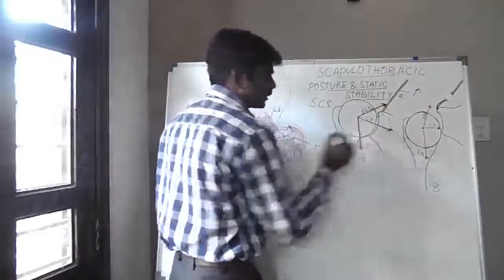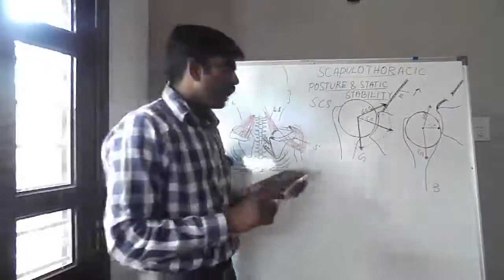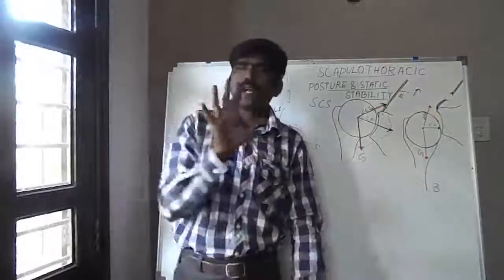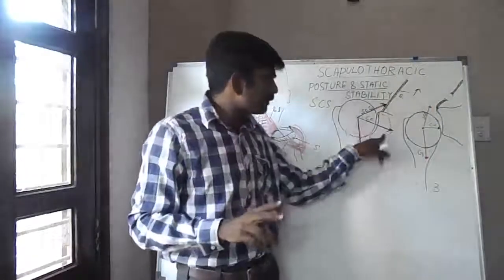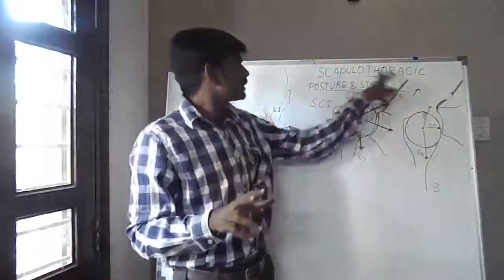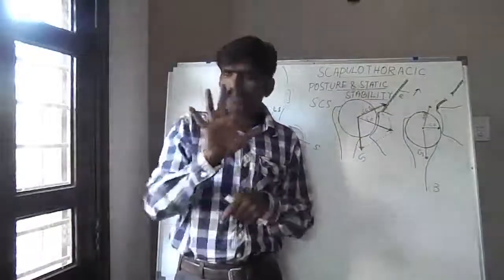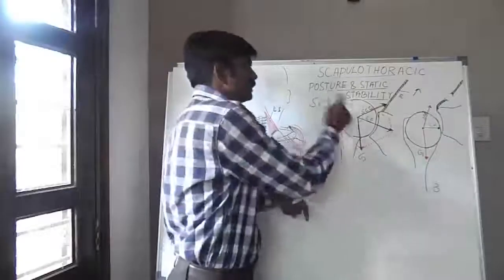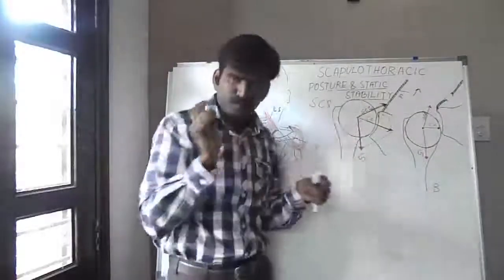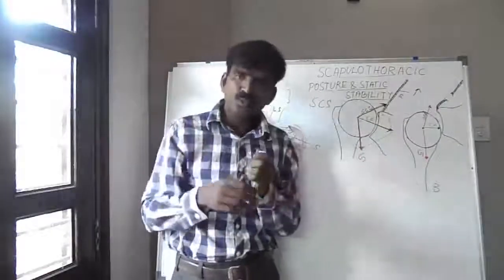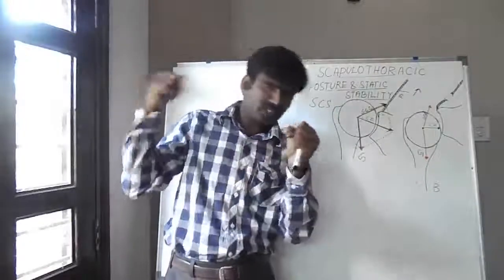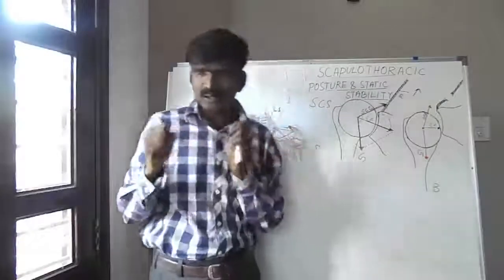So this compression force along with the scapulothoracic posture helps to lock the humerus with the glenoid cavity. Are you clear?